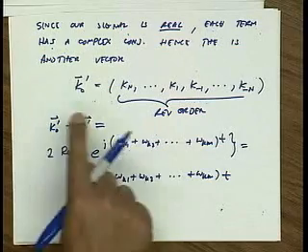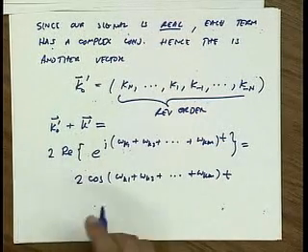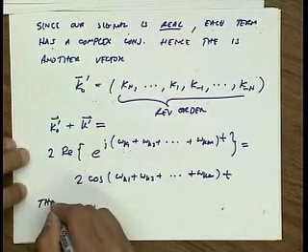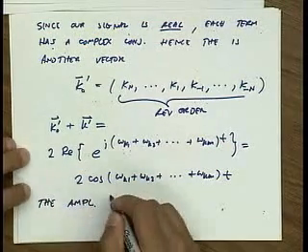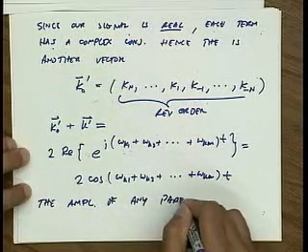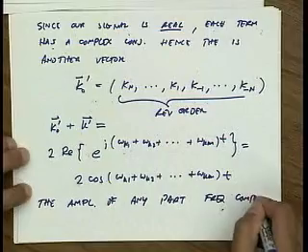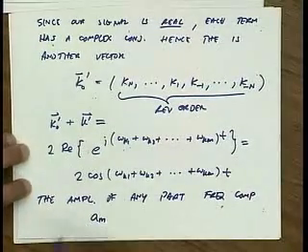And I know exactly how many different sums appear, so the amplitude of any particular frequency component is AM, right?